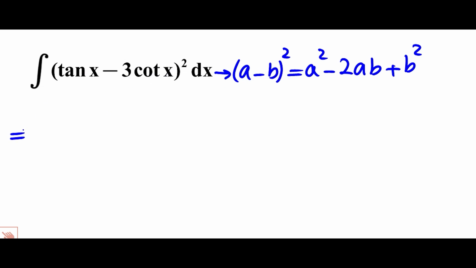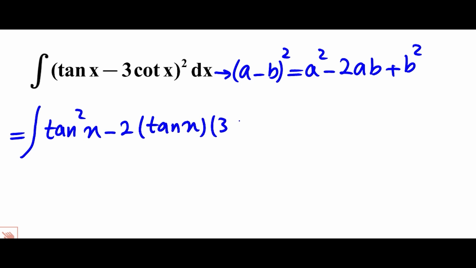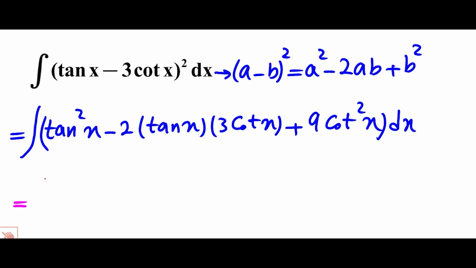So we have the integral of a squared, meaning tangent squared of x, minus 2ab, minus 2 times tangent of x times 3 cotangent of x, plus b squared, plus 9 cotangent squared x dx.